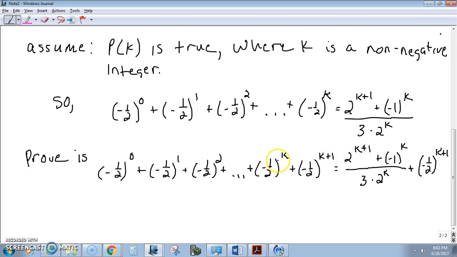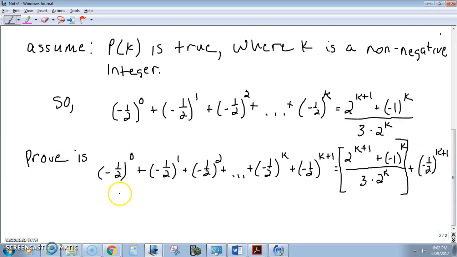So the very next part of that series after k is k plus 1. So it equals my original, which would have been just stopping at k, which I assume to be correct, plus one more negative 1/2 to the k plus 1 power.